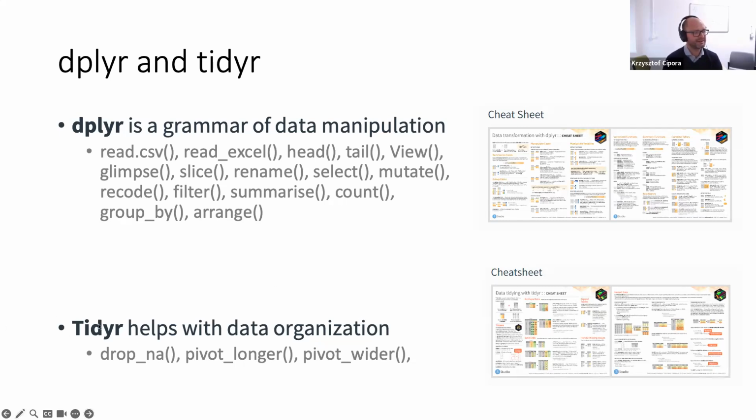Another package that we will use is called tidyr, which is for data organization even more than dplyr. You can find cheat sheets for both packages, which are very, very helpful. You can just Google "tidyr cheat sheet" or "dplyr cheat sheet" and you will find them. They are very intuitive and don't require too much reading to get into.